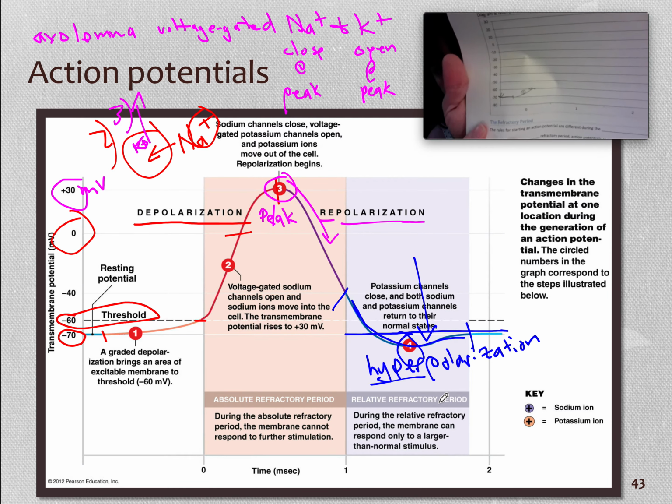Okay? 2 things happen at peak voltage. We close the inactivation gate on the sodium ion channels, the voltage-gated sodium ion channels, and we open the voltage-gated potassium ion channels. So we stop going up and we start going down.